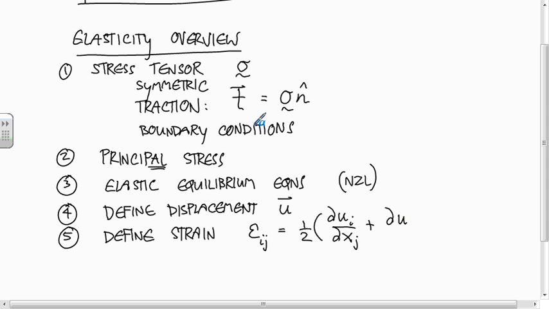I just thought I'd write it up here. Plus the partial of uj with respect to the ith independent variable. So these independent variables, we're talking about x, y, and z because that's the space that we live in. And all this means is that displacement and strain are different things, but they have a mathematical relationship.